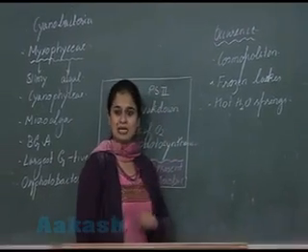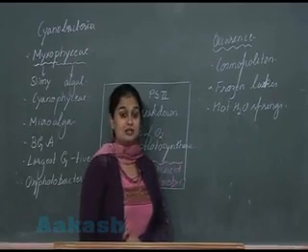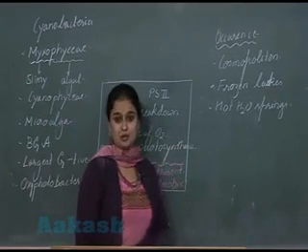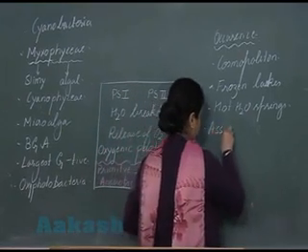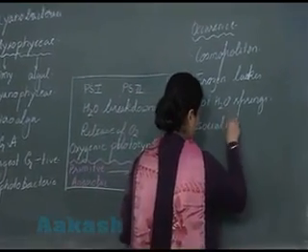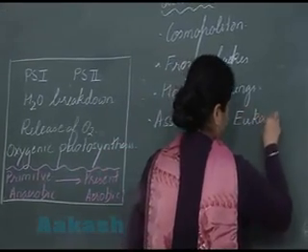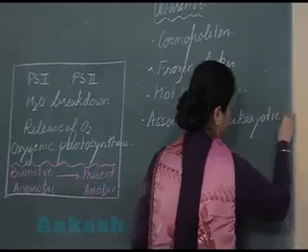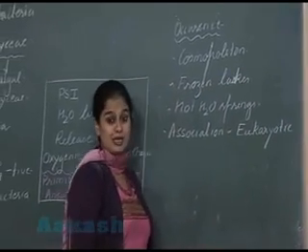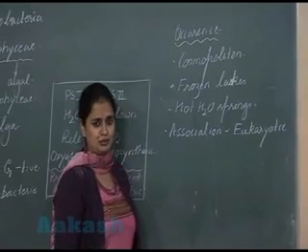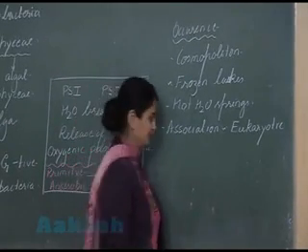This is the only bacterial group which shows association with almost every eukaryotic group. It is a prokaryotic organism, but it shows association with every eukaryotic group. I will cite a few examples here.